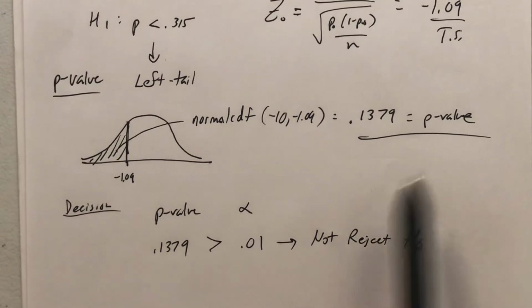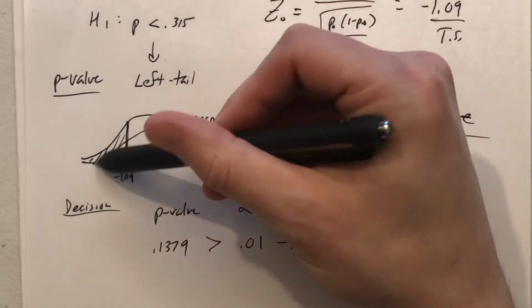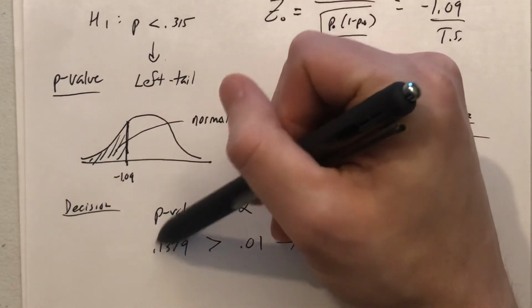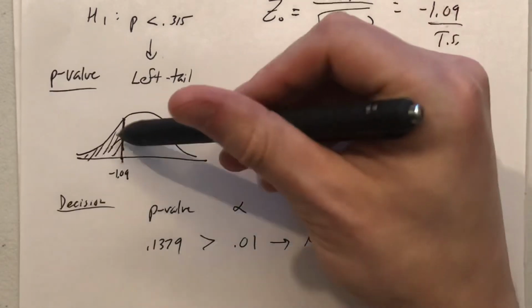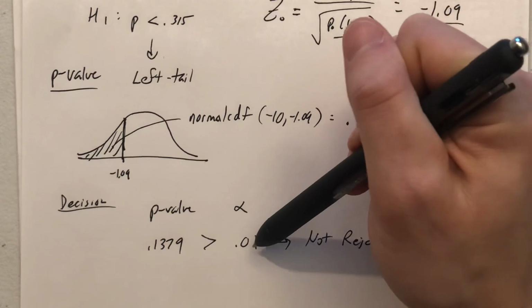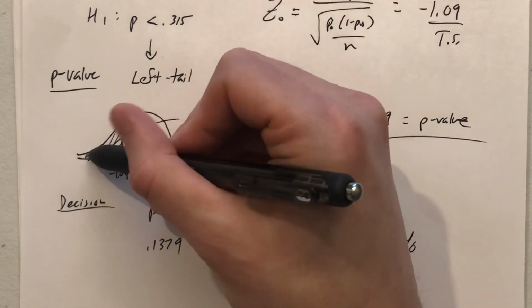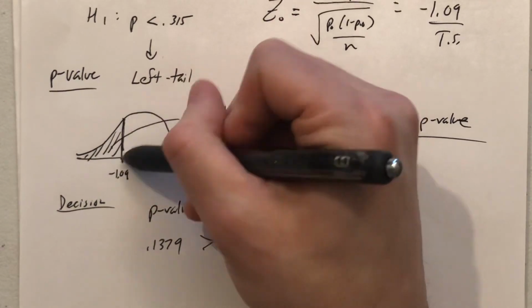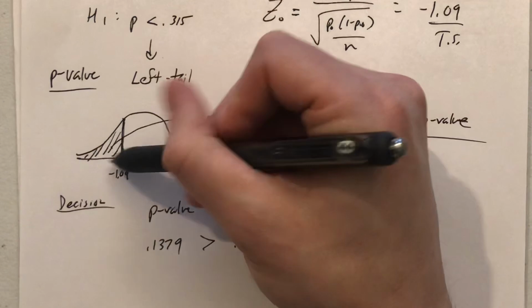The p-value being larger means your test statistic is out here with a large tail to its left, almost 14% to its left. We would have needed our test statistic to fall in a tail that only had 1% to its left. That's a very small tail, a very small critical or rejection region. This value would not have fallen inside that small tail because it has a much larger tail.